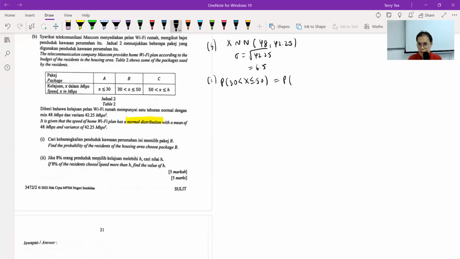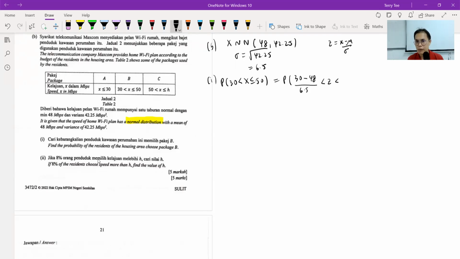So remember, we have to standardize them. The formula for standardization is Z equals X minus mu over sigma. You have to convert from X, which is any normal distribution, to Z. Z is what we call a standard normal distribution. To be able to use the table or calculator, we have to use Z. So X minus 48, your mean, over standard deviation 6.5.